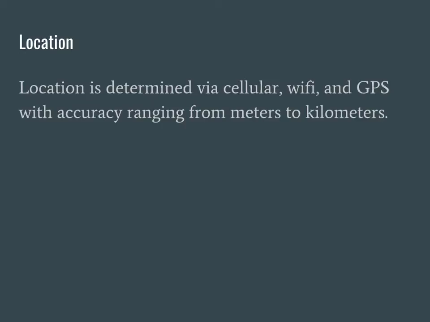Okay, so anyone know how the location is determined? So here you say by GPS, by cellular, or by Wi-Fi. GPS should be straightforward, right? We have some satellites around the world, and your device has some sensor. It can receive the GPS signal, and based on that GPS signal, it can calculate your longitude and latitude, right?